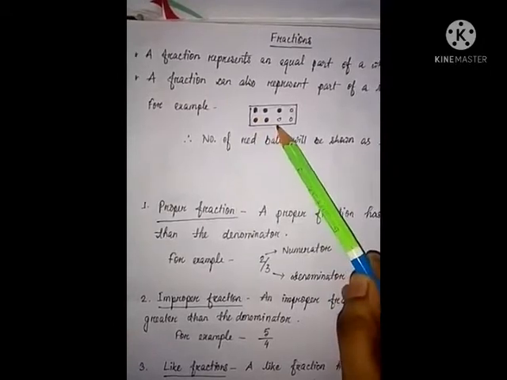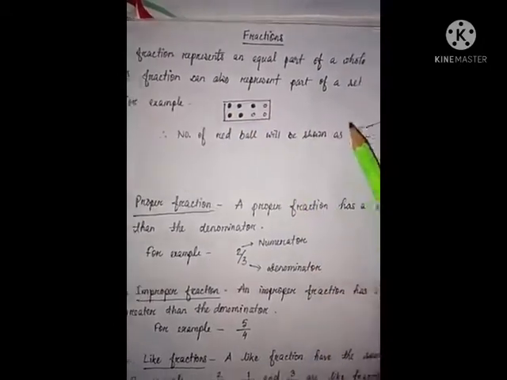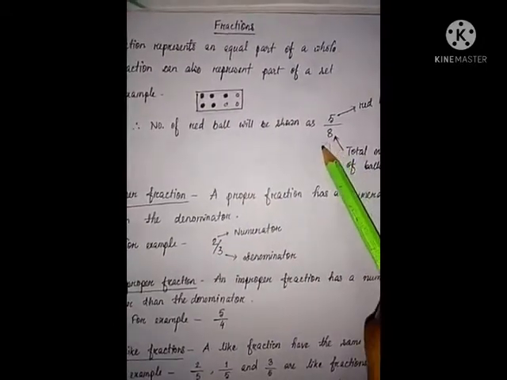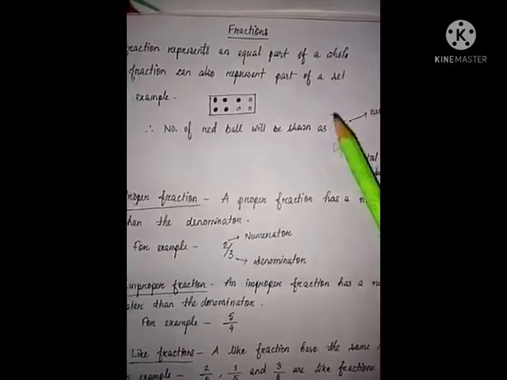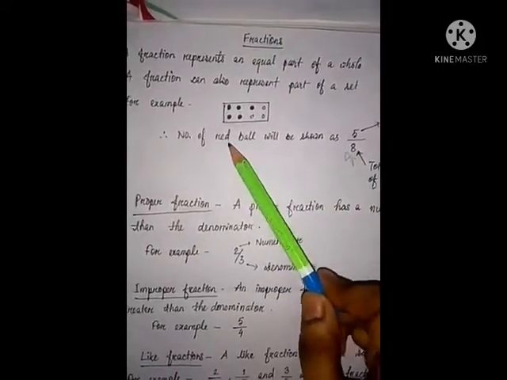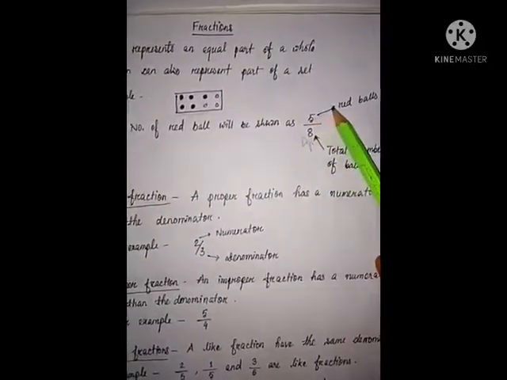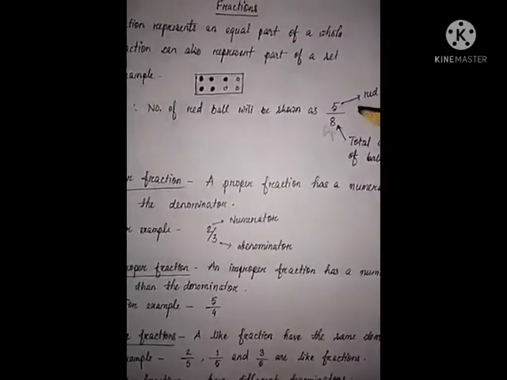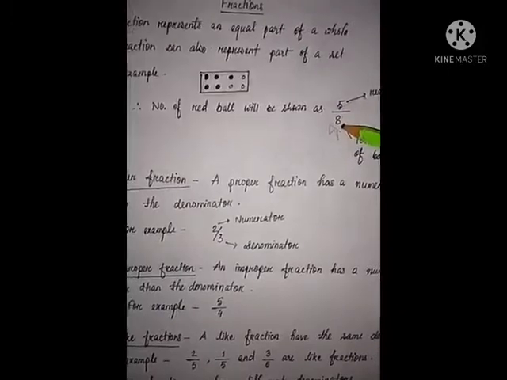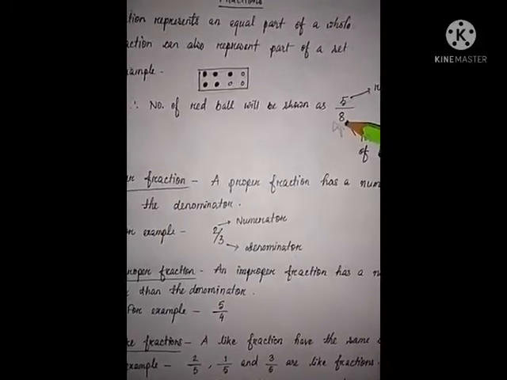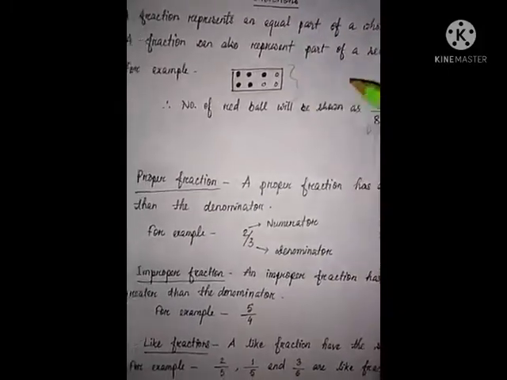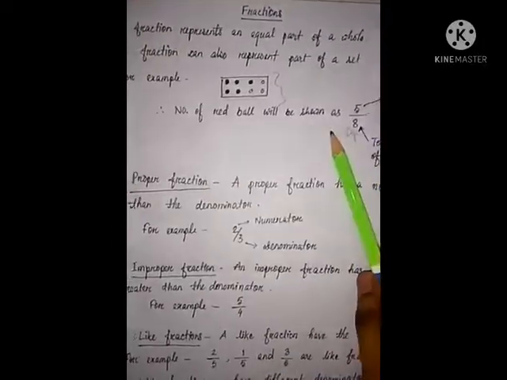We have to write the total number of balls below, and the number of red color balls on the upper side. So 5 by 8 represents the number of red balls in this set. Okay, so this is a fraction.